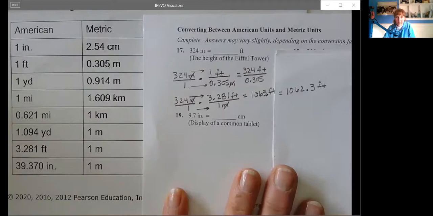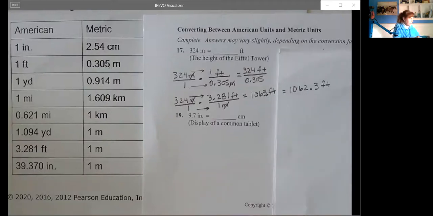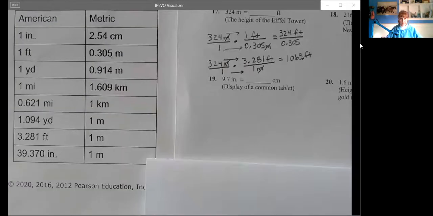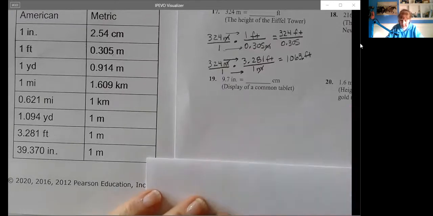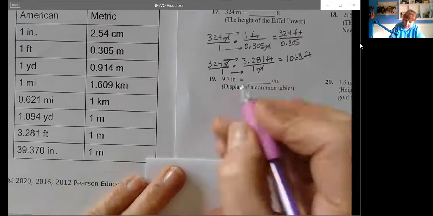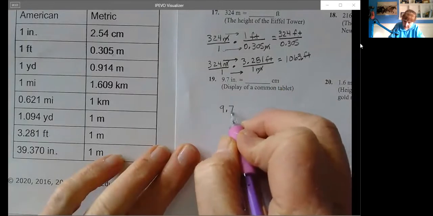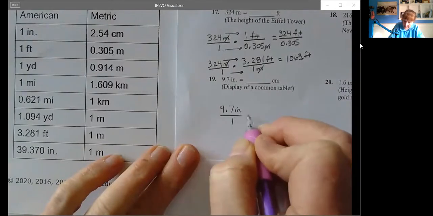All right. Okay, let's look at another one here real quick, or two or three here. All right, let's look at this other one. Here we have the display of a common tablet, 9.7 inches, and we want to go to centimeters. So we have our 9.7 inches over 1 times.